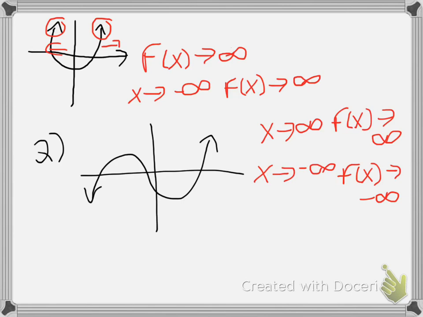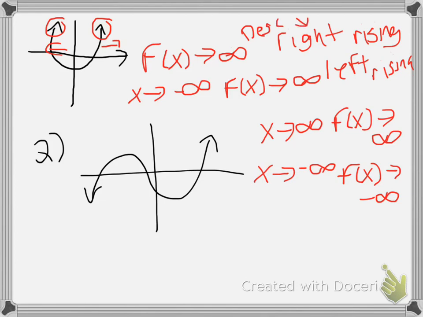Now, if you want to put this in words, number 1, what happens? The right is rising. And what about the left? The left is also rising. So if I ask you to put it in words using rising or falling, that's all you got to do. This is the describe part.